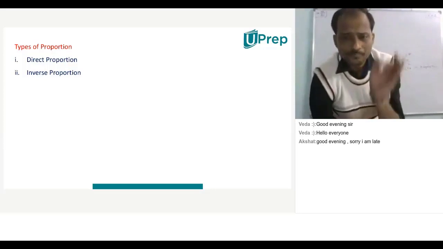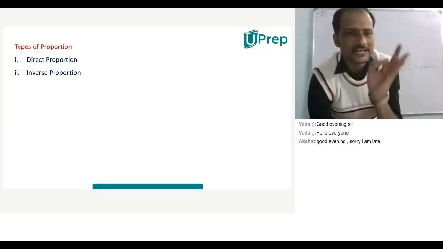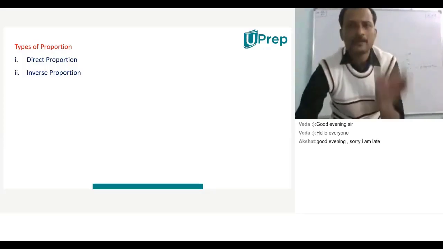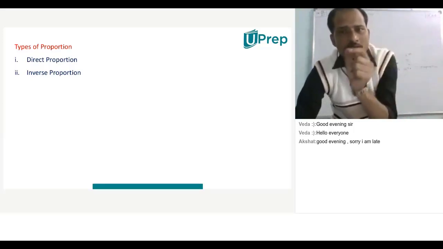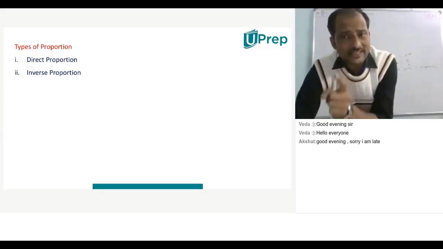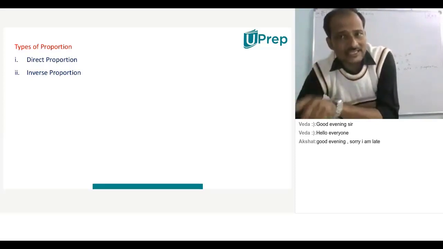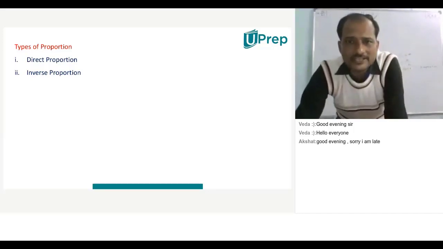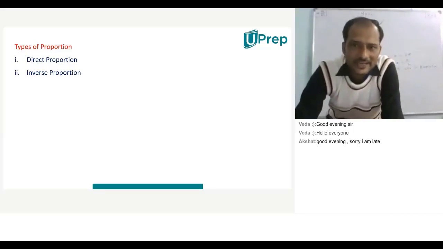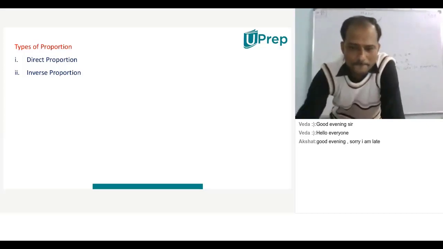That means two quantities are said to be in direct proportion if there is an increase or decrease in one quantity, then there will be a simultaneous increase or decrease in the other quantity. Okay? Is that clear? Yes, sir.